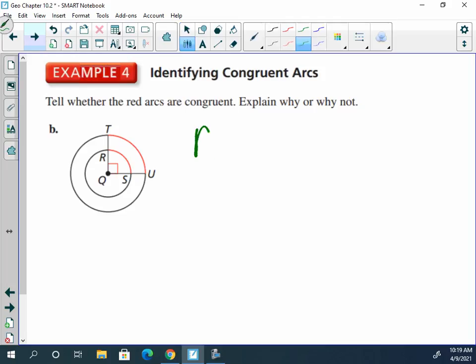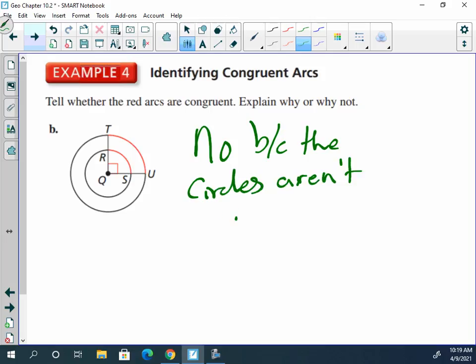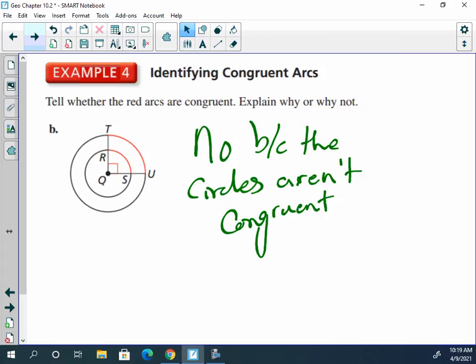No. Because the circles aren't congruent. The circles are not congruent. They could have the same arc measure, but they're not congruent to each other because these are concentric circles. Questions on this here?